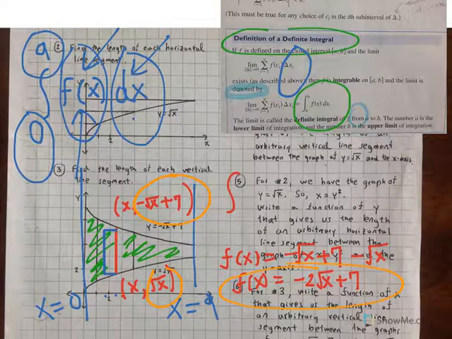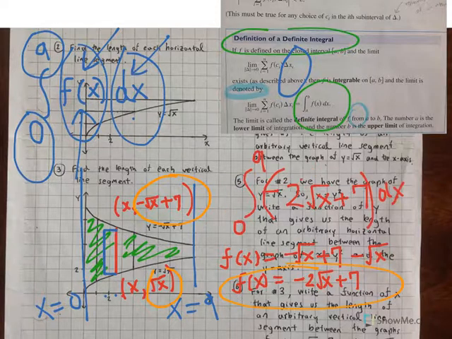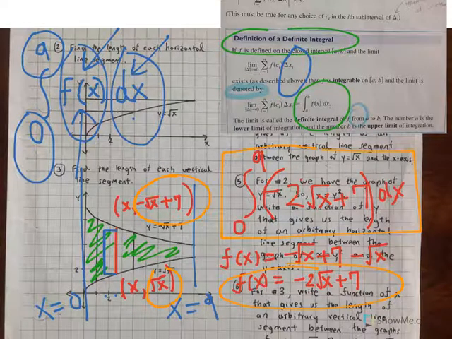It is the definite integral of the height function for each rectangle, which is negative 2 times the square root of x plus 7, dx, from x equal to 0 to x equal to 9. So here is our definite integral that would give us the exact area of the region between these two curves from x equal to 0 to x equal to 9.